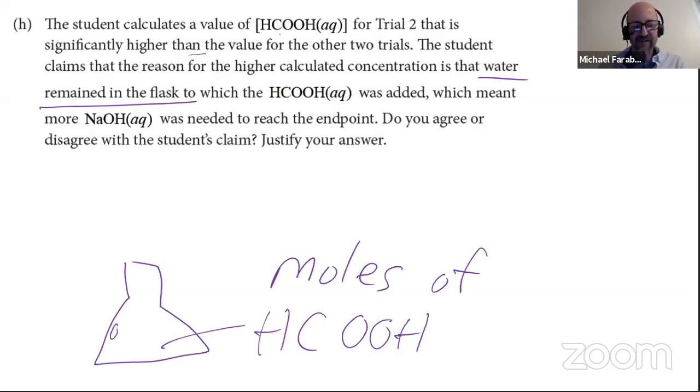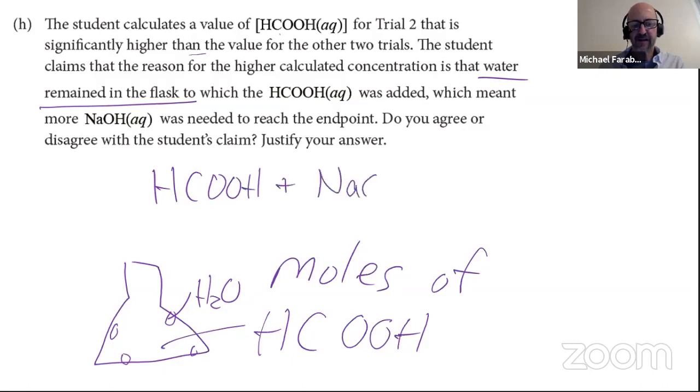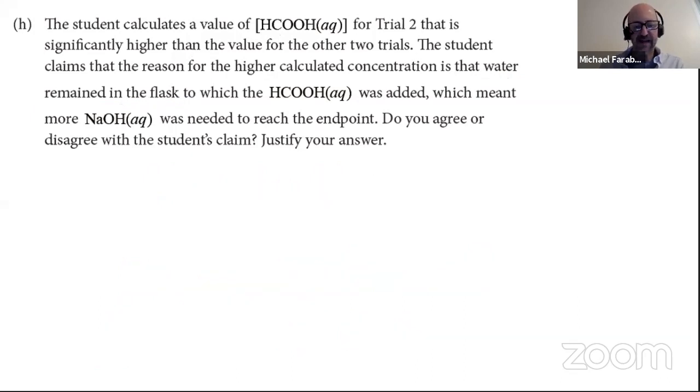Now, extra water is not going to make a difference here because the reaction is based on the acid and the base. It's based on the moles of the acid and the moles of base. Having a little bit of water is not going to make a difference because we are focusing on the moles of acid.